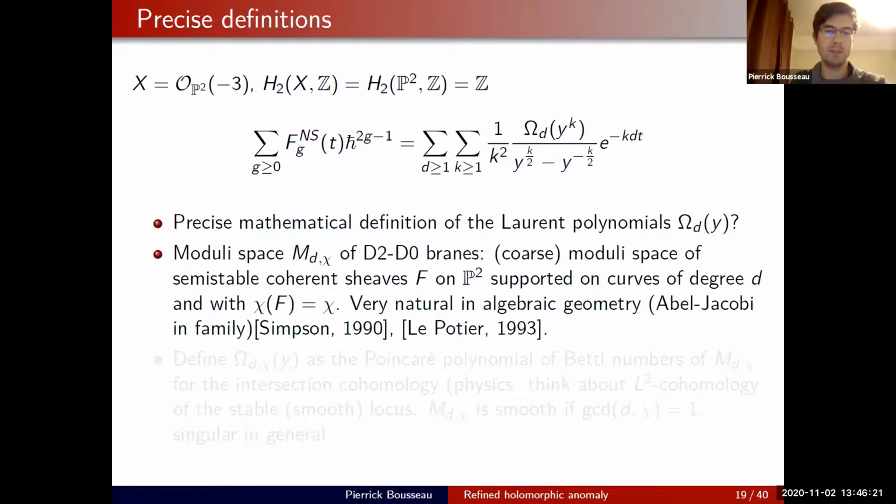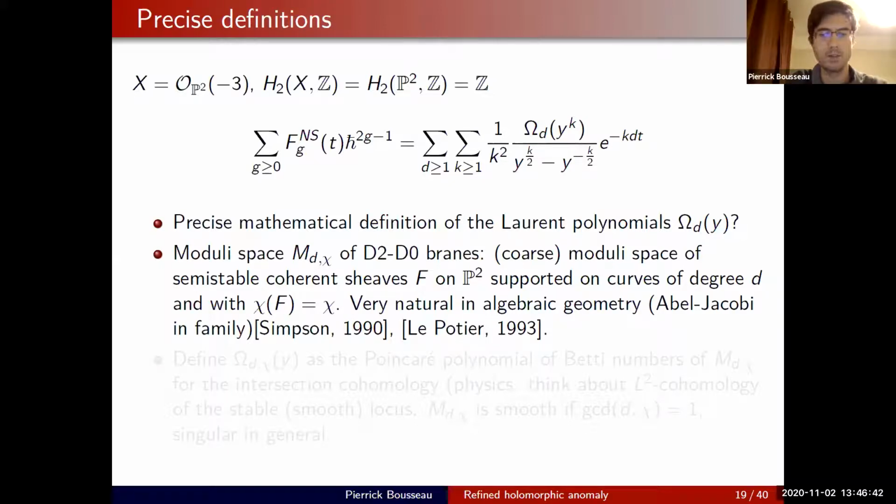So mathematically, for every d and chi, you consider M d chi, a moduli space of D2-D0 branes, which is mathematically a moduli space of semi-stable coherent sheaves on P2, which are supported on curves of degree d, and which have holomorphic Euler characteristic equal to chi.